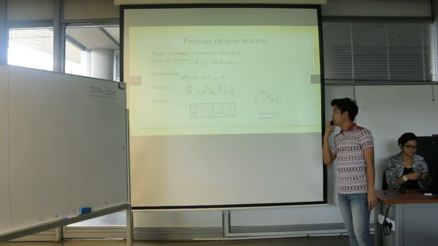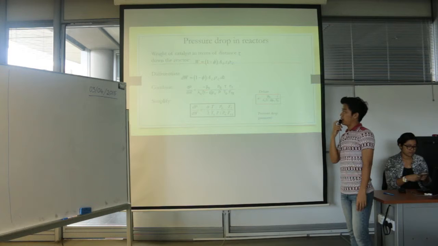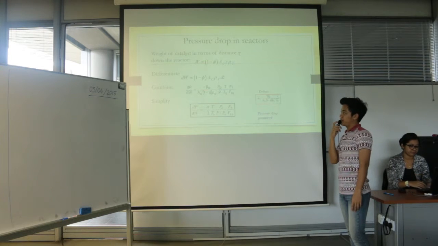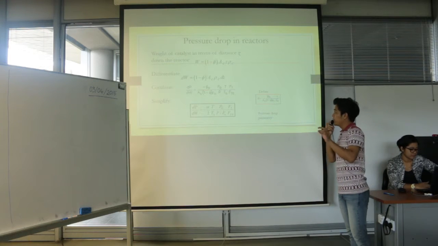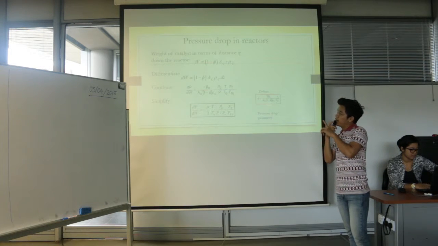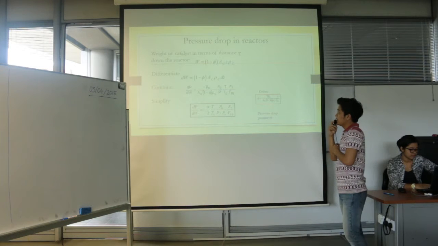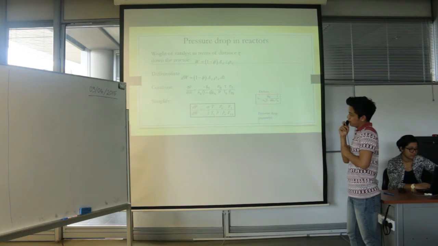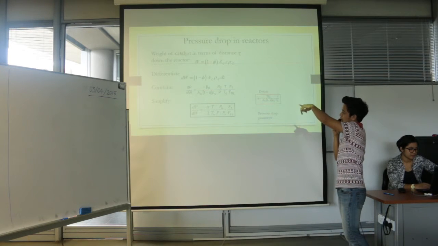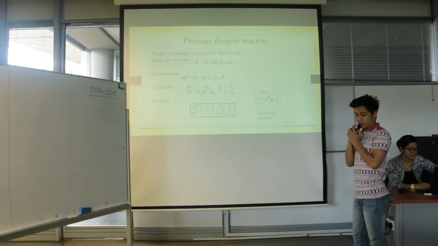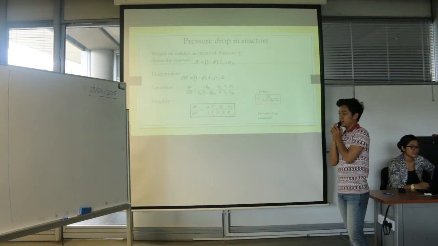Alright, the weight of the catalyst in terms of distance z down the reactor. So the weight is equal to, in the bracket, 1 minus phi multiplied by the area Ac, then z, then rho c. And then we differentiate W from the equation above, we get (1 minus phi) Ac rho c dz.